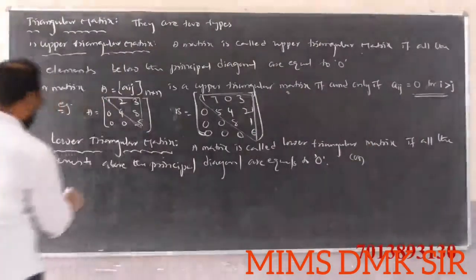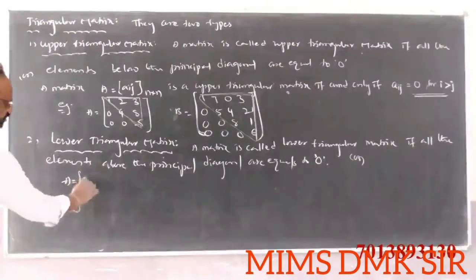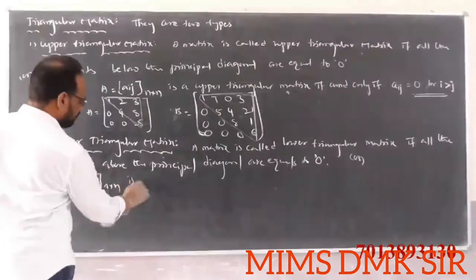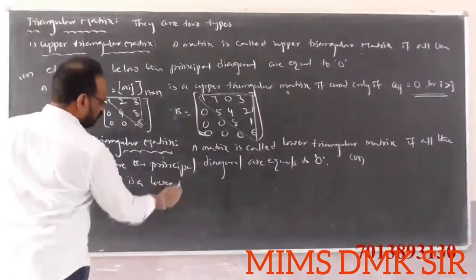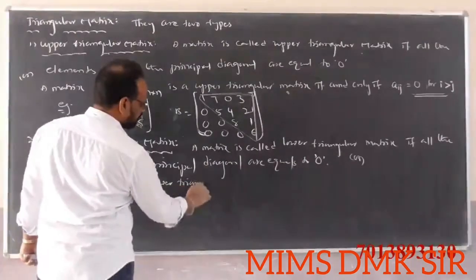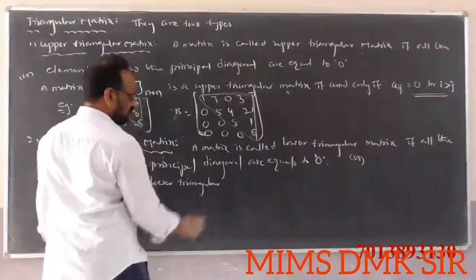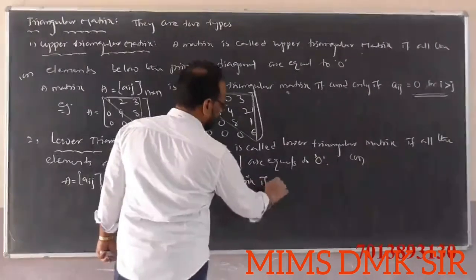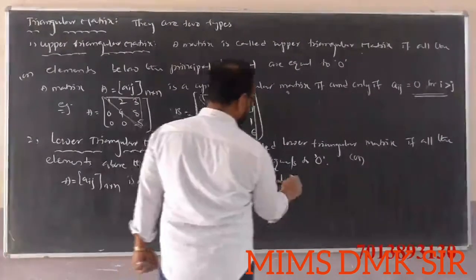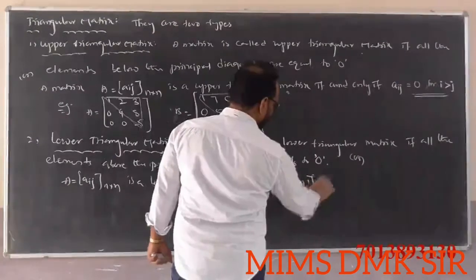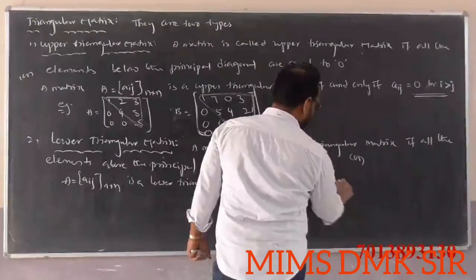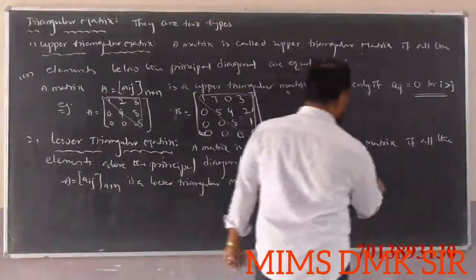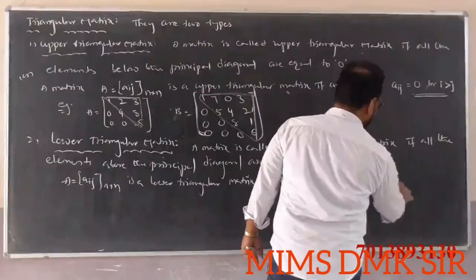If you take one matrix A of order n, it is a lower triangular matrix if and only if Aij becomes 0 for i less than j.